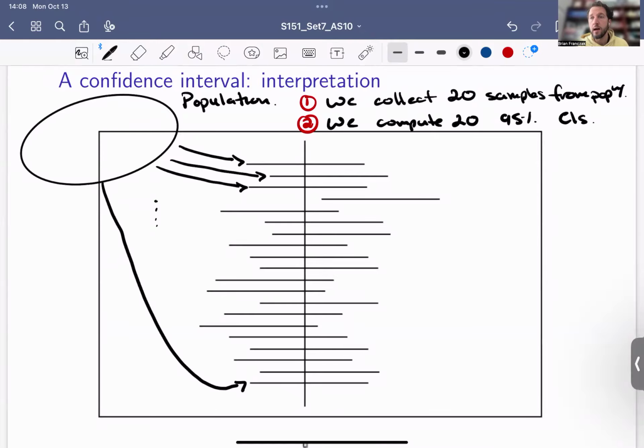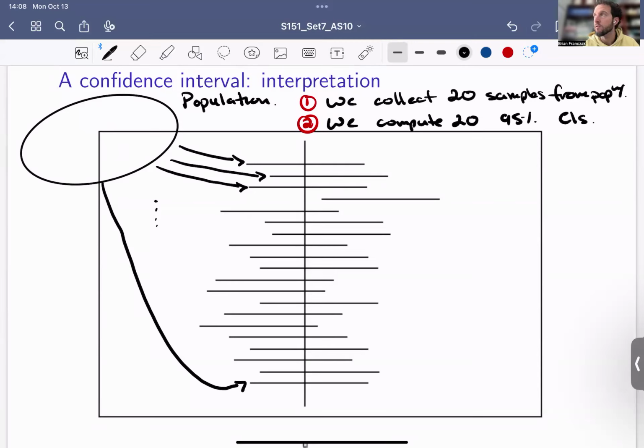Okay, so CI or CIs in statement number 2 stands for confidence intervals. So again, the scenario is we have this population. We collect 20 samples from this population for illustrative purposes. Usually we will only have one. And then we compute a confidence interval. More specifically, we compute a 95% confidence interval from each sample.